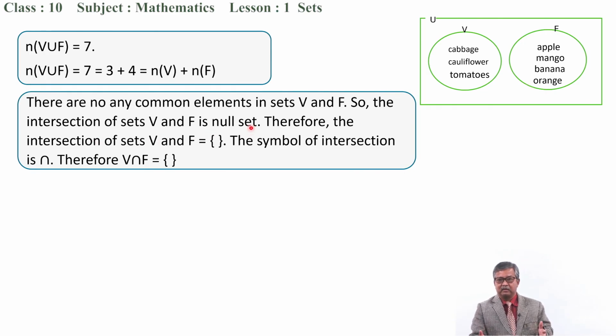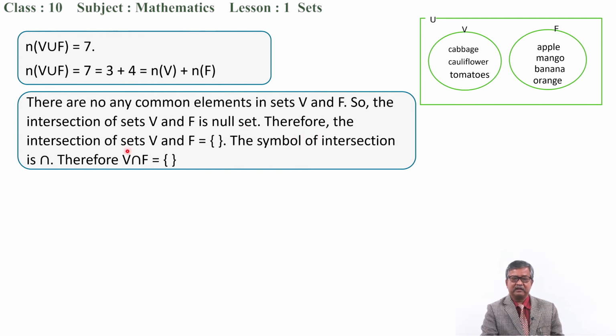But do you know the other name of the null set? Yes, the null set is also known as the empty set, isn't it? Empty set, because we cannot form a set from the common elements of sets V and F. That's why it is the empty set.